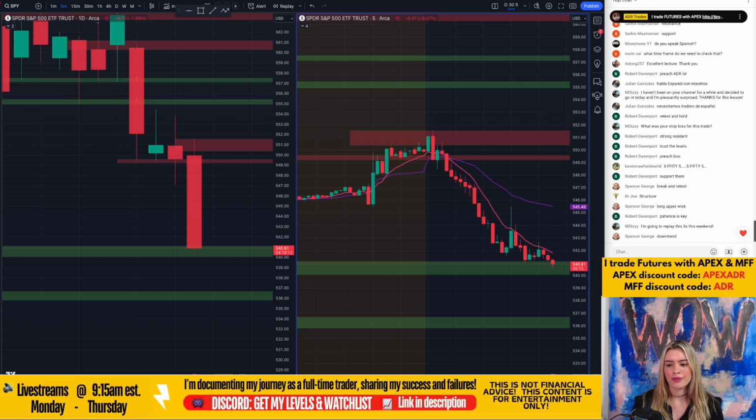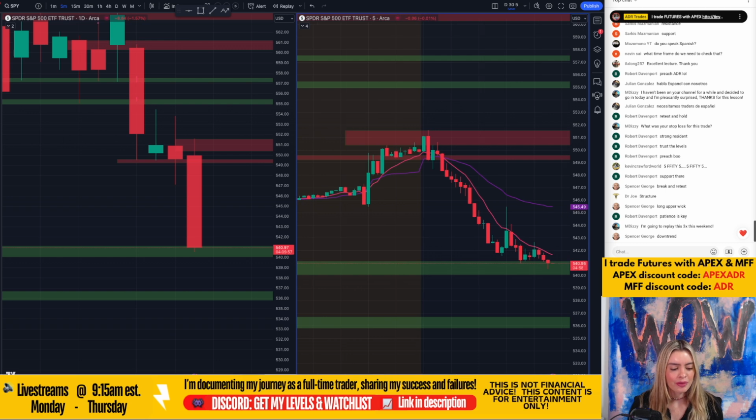There's no need to overcomplicate things with a bunch of indicators like RSI, MACD, 20 EMAs or DMAs or whatever. Just keep it simple: market structure, candlestick reading, and levels.